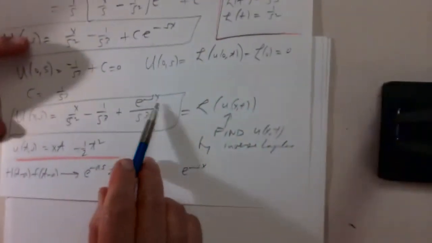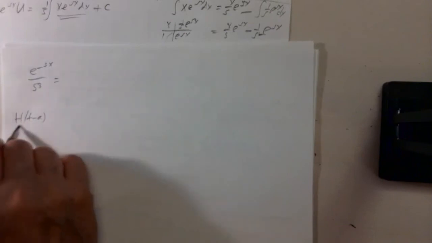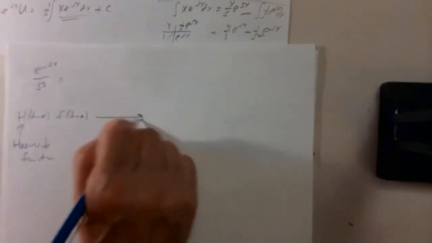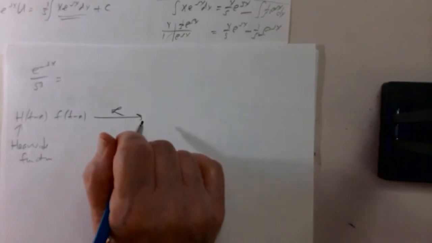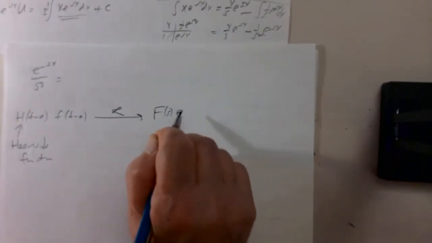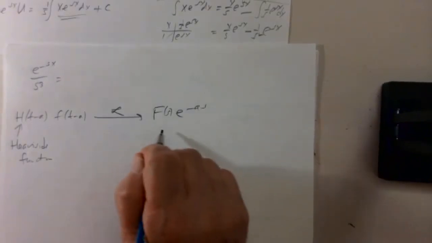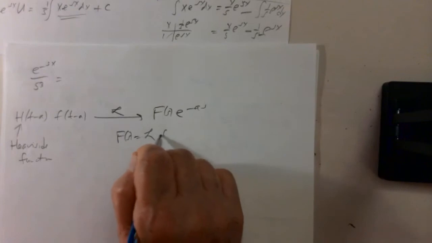What we have is e to the minus sx over s cubed. So if you have H of t minus a, the Heaviside function, times any function f evaluated at t minus a, the Laplace transform of that is capital F of s e to the minus as, where F of s is the Laplace transform of f of t.